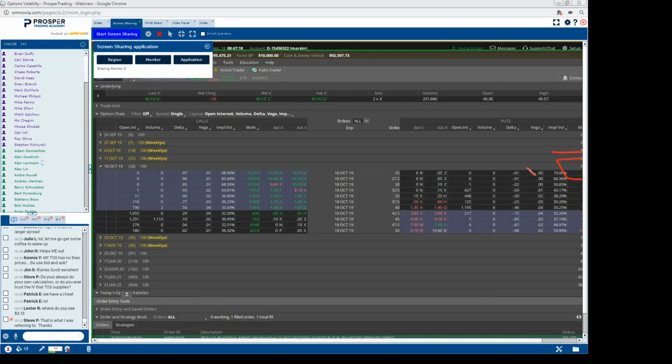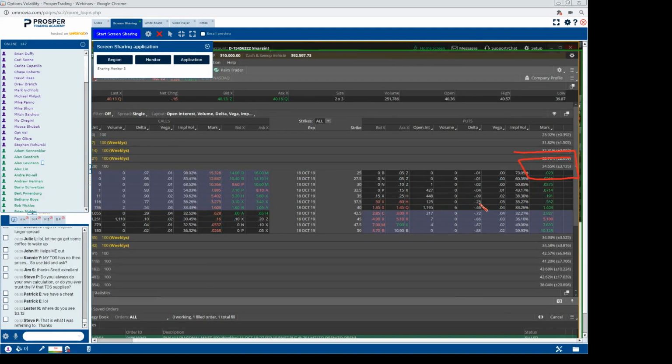Lester, see what I look on the right side of your screen. I have it circled. Awesome.